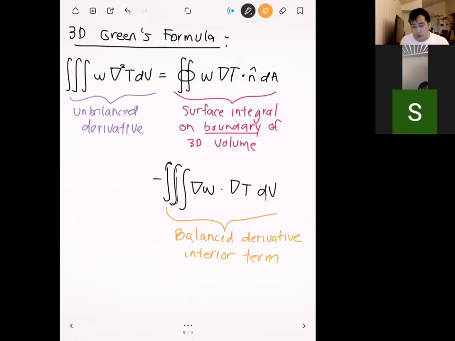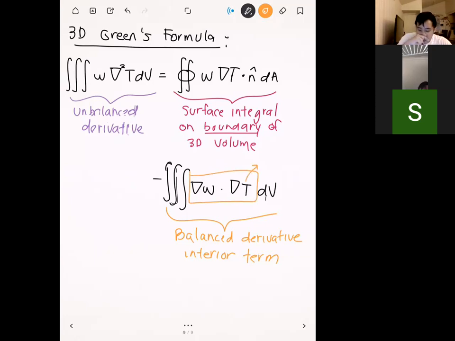And so you can see we've replaced a lot of the symbols here, our derivatives, with our vector calculus symbols, but the idea behind Green's formula is still the same. We're taking an integral here with an unbalanced derivative, and splitting it up into one, a boundary term that we're going to evaluate on the boundary, and that's going to become our Neumann boundary condition. And two, our second term has a balanced derivative. Remember, the reason we do this is because T only has one derivative.